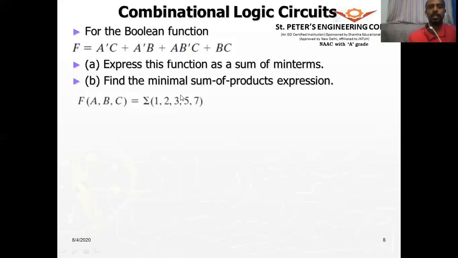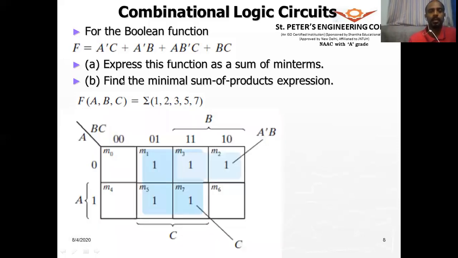Okay, so first we identify the function for this. So this is the function, and it is 1, 2, 3, 5, and 7. So M1, M2, M3, M5, and M7. All right.